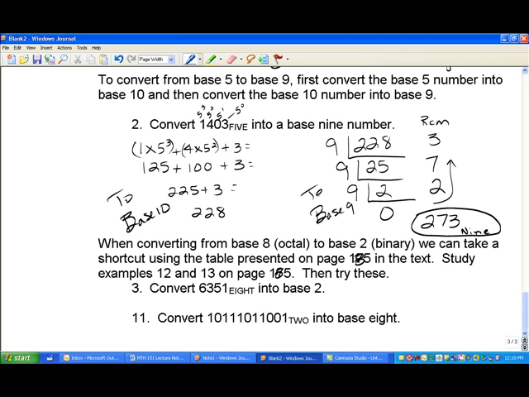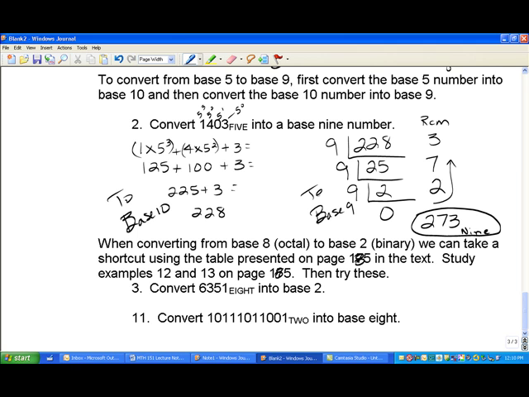In base 8, we only need the digits 0 through 7, so you can stop when you get down to 7 in the octal column. And you have the binary equivalents. 0 is 0, 1 is 1, 2 is 10, 3 is 11, 4 is 100, 5 is 101, 6 is 110, and 7 is 111. Those are the only ones you actually need.